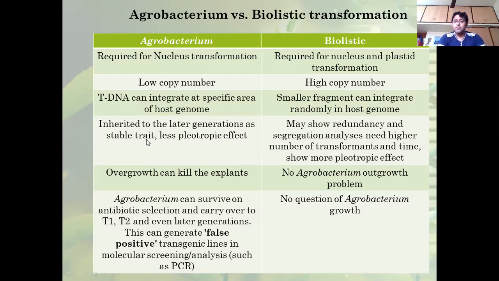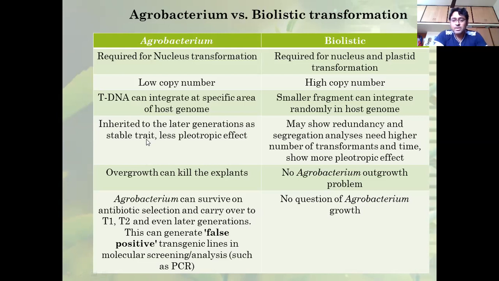But biolistic has some advantages also. In the case of Agrobacterium, I have mentioned already that if the Agrobacterium overgrows and the washing is not proper, then it can hamper the explant growth or the regeneration.